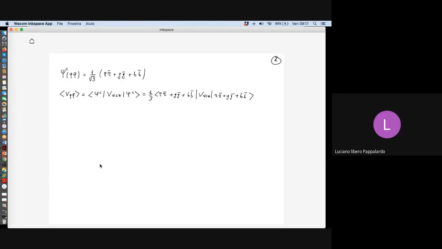And now we can take all the cross products. So we're going to have 1/3, and then of course 3 by 3, 9 terms, 9 matrix elements. The first one will be red anti-red, VQCD, red anti-red.